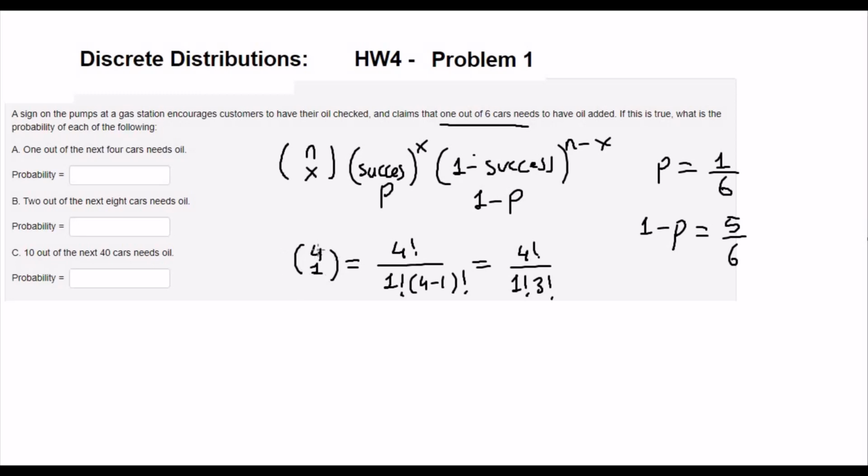But I'm going to leave it as 4 choose 1 because the calculator takes care of this part. 4 choose 1 times our success 1/6 to the 1, times 5/6 to the 4 minus 1, which is 3.